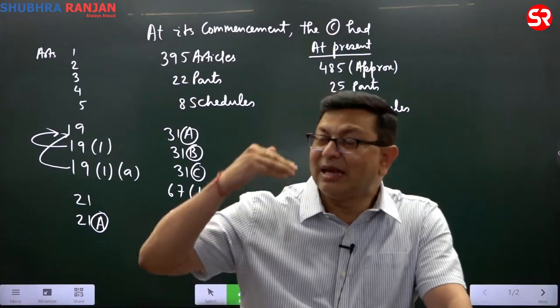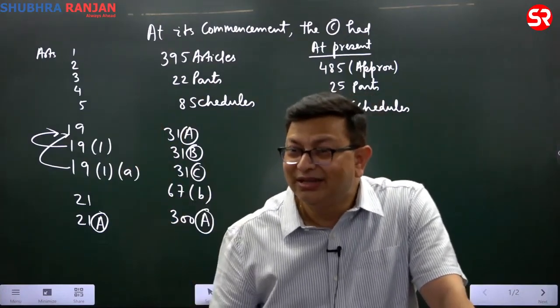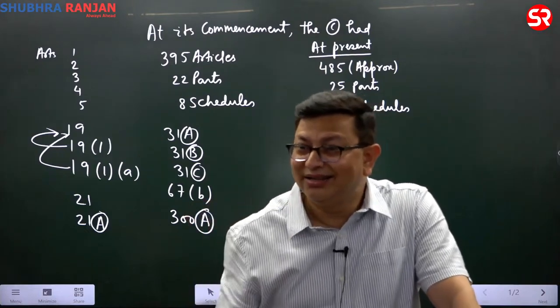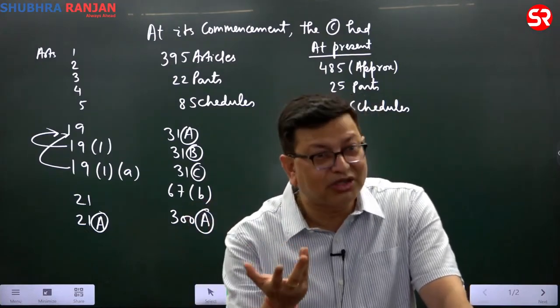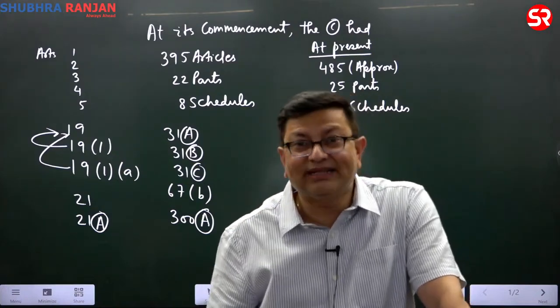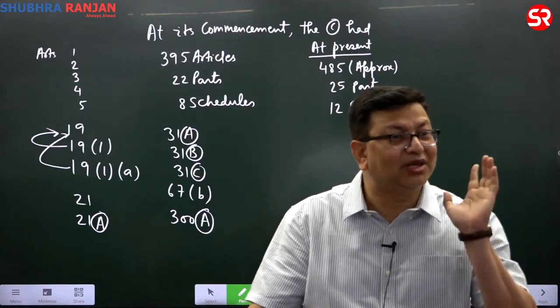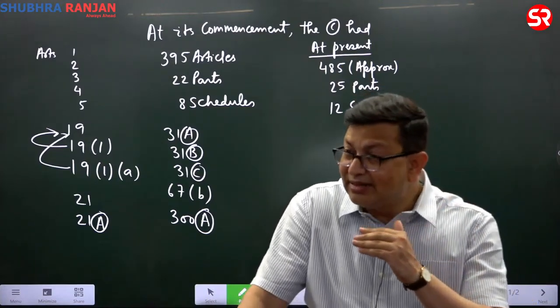Then simultaneously in the next session, suppose another amendment takes place, 3 or 4 articles are added, then it will be an addition to the constitution. So that is why in none of the examinations it is asked that how many articles are there in the constitution, because it may change.